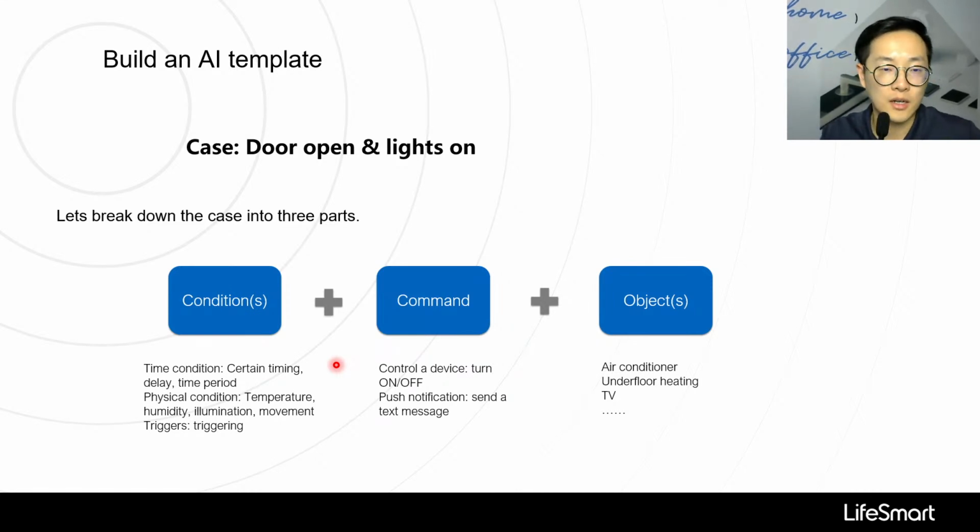And then the command. Command means control a device, say for instance, turn on or turn off a device. The command can also be a push notification, sending a push notification message to your cell phones. And objects are things like air conditioners, heaters, TVs, or other devices like our smart switches.